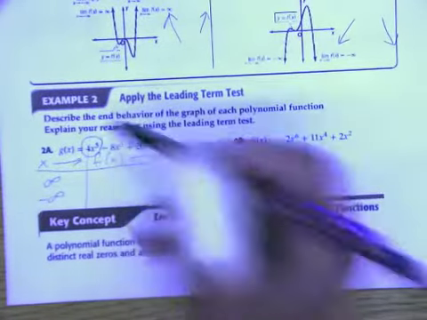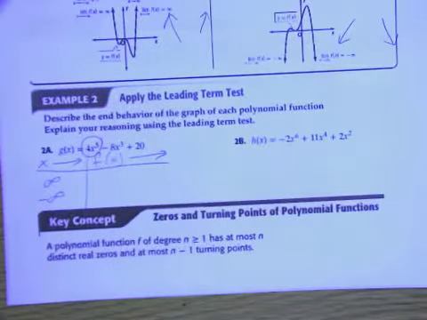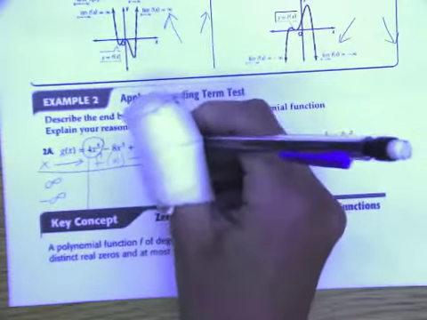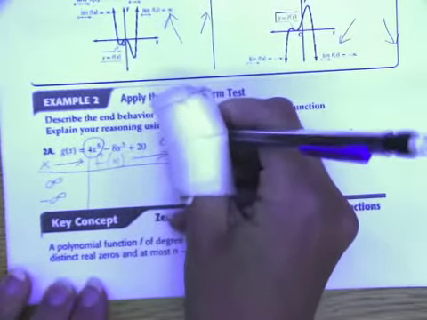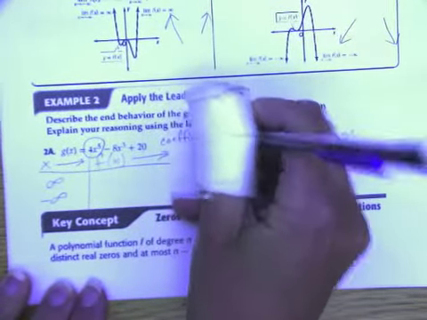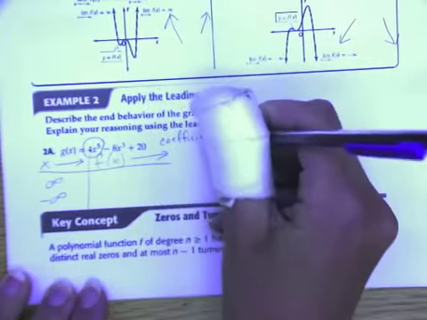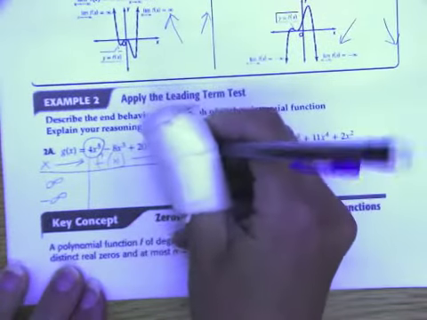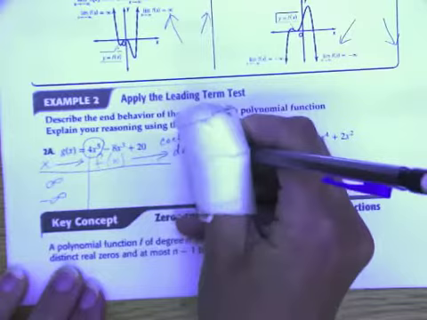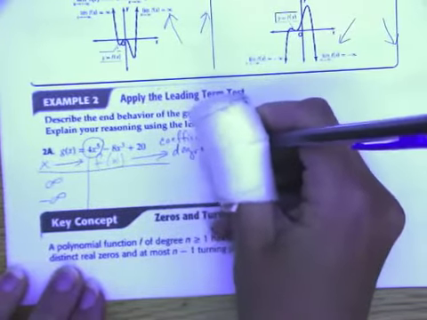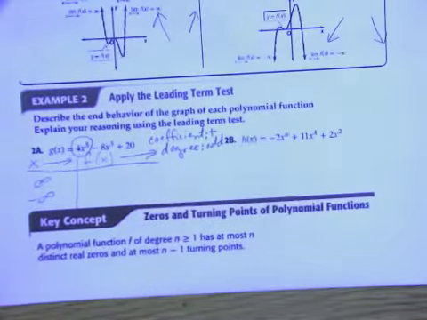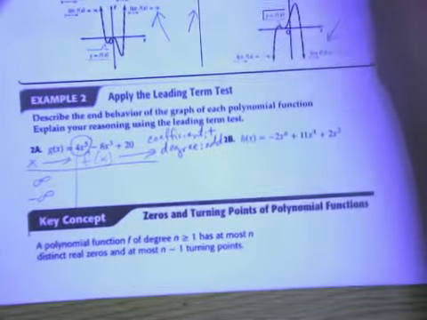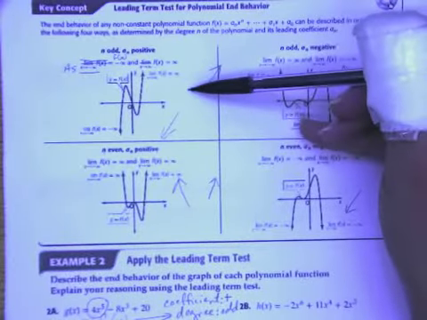So this is my leading term. The leading coefficient is positive, and the degree is odd. So that is doing what this graph is doing.